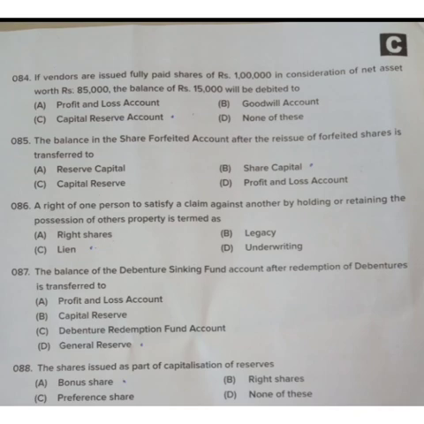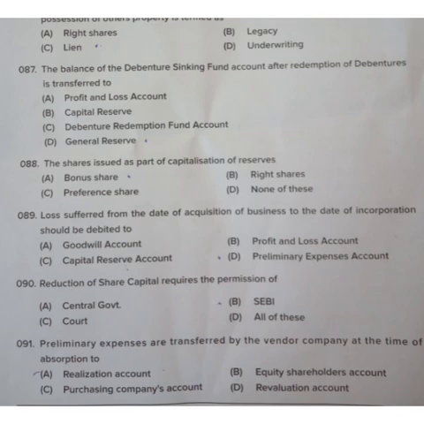86. A right of one person to satisfy a claim against another by holding or retaining the possession of others' property is termed as lien. 87. The balance of the debenture sinking fund account after redemption of debentures is transferred to general reserve. The shares issued as part of capitalization of reserves: bonus shares. 89.